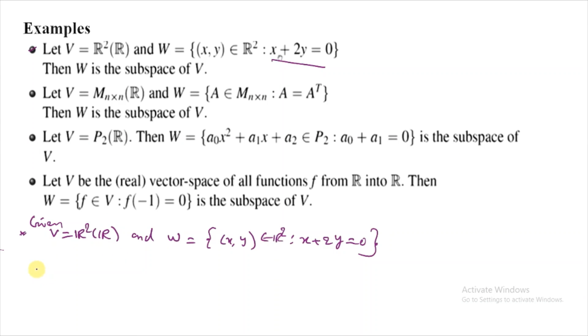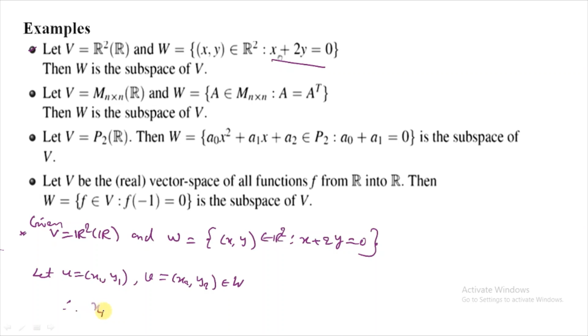Now let me take u equal to (x1, y1) and v equal to (x2, y2) belonging to W. When the two vectors are in W, they satisfy the defining condition, with x1, y1 and x2, y2 in place of x, y.